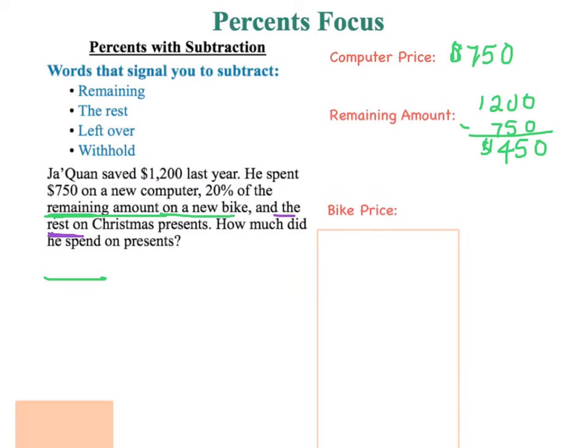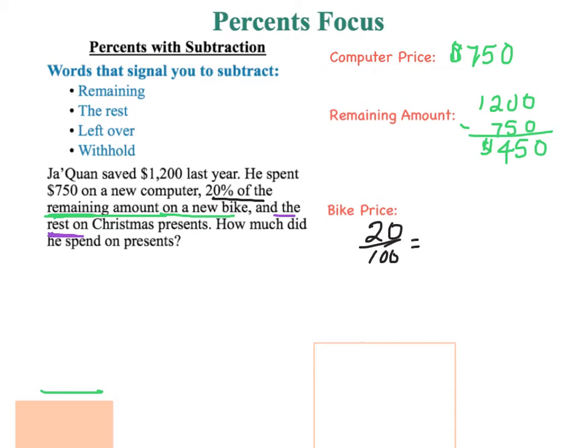Now I can solve for the bike price. It says the bike is 20%, so automatically I'm going to do 20 over 100. It's 20% of the remaining amount. I just found that the remaining amount was 450, so that goes on the bottom. And x goes on the top.